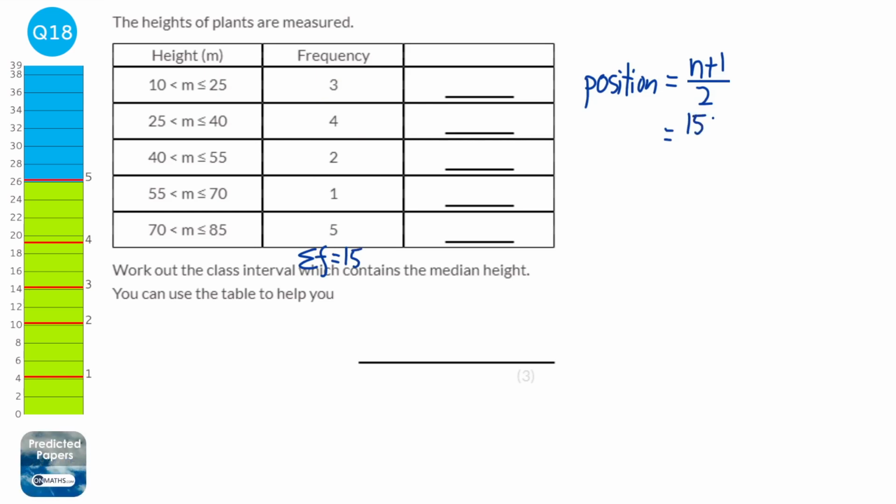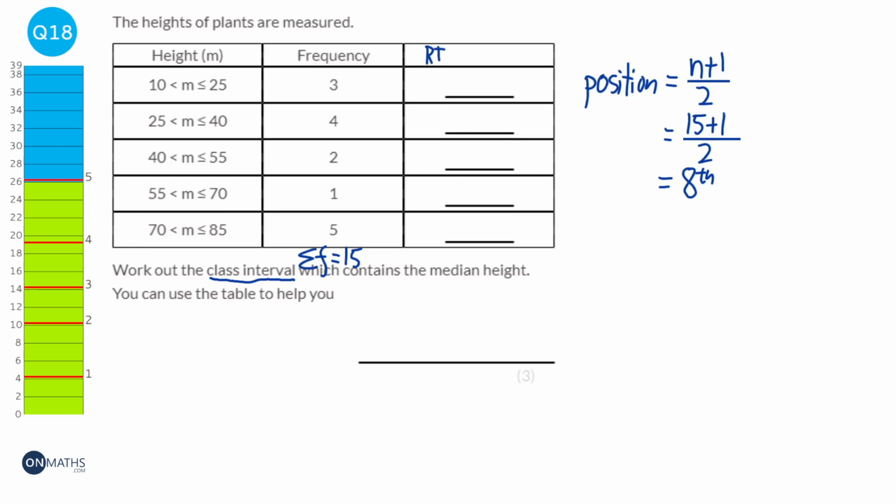And so we've got 15 plus 1 divided by 2. 15 plus 1 is 16, divided by 2 is 8. So the position of the median is in the 8th position. Now, to easily find out which group, because it's asking for the class interval, which is just a fancy way of saying a group, so it could be this one, or it could be this one. To easily find out which group the median is in, what we do is a quick running total.